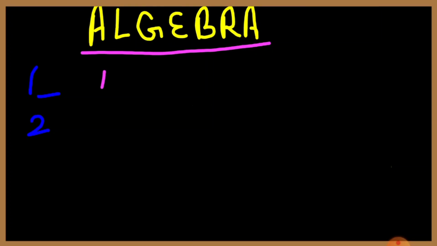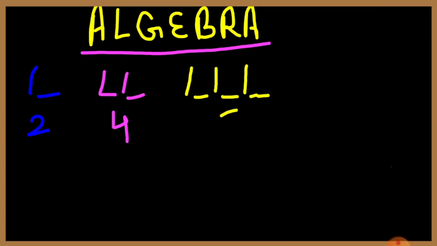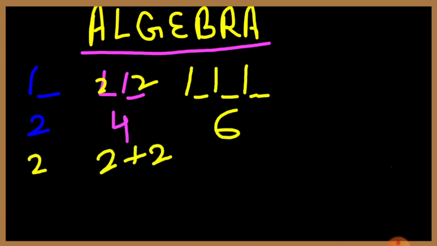If I make a pattern like this, just check, the number of matchsticks used is 4. If I draw 3 times L, the number of matchsticks used is 6, or you can similarly write it like this, 2, and here 2 and 2. This can be written as 2 plus 2, and this as 2 plus 2 plus 2.